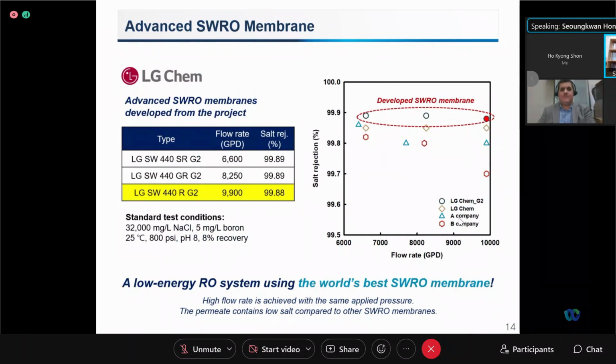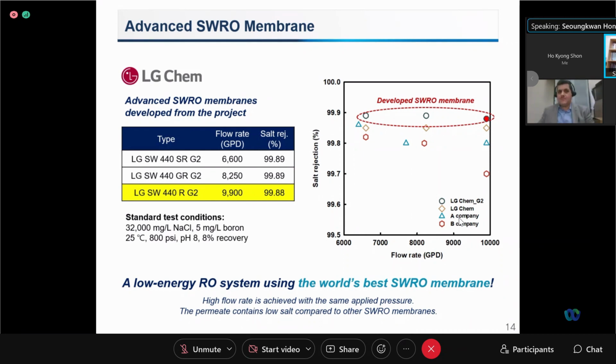Next, I'd like to introduce the advanced SWRO membrane, which was developed by LG Chem. As you can see from this diagram, LG Chem developed a series of next generation SWRO membranes, including one which has a flow rate of 9,900 with a salt rejection of about 99.88%, and that is much better than other membranes on the market right now.